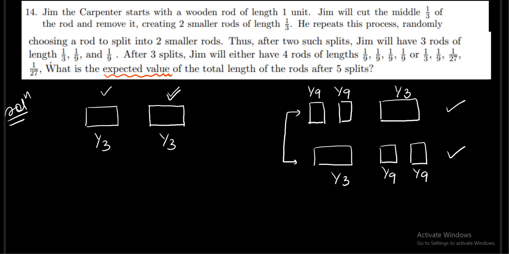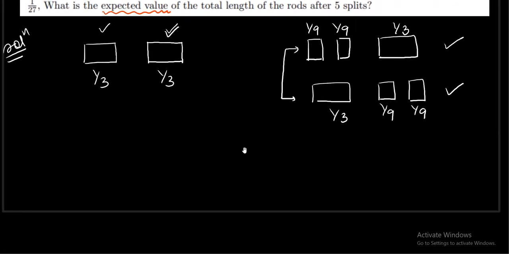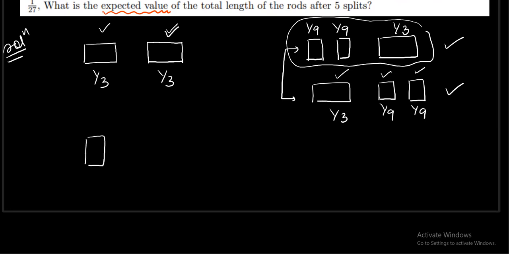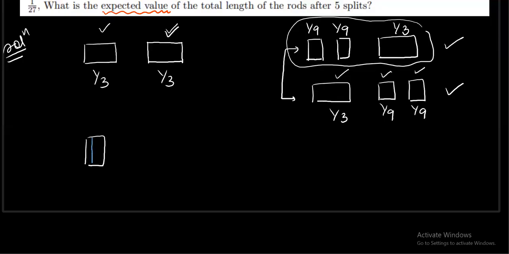Now, similarly, he is continuing the process. That means in the third split, in the third round, he will be selecting any one of these three rods and will start splitting it. So suppose I'm considering this case. Either he is going to split this 1/9 length of the rod like this. So I'm just removing this portion.